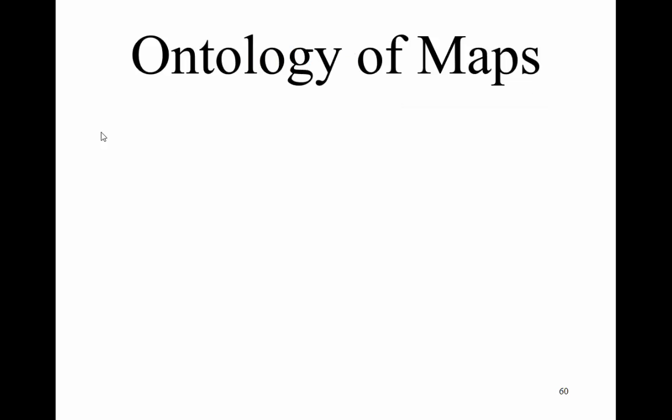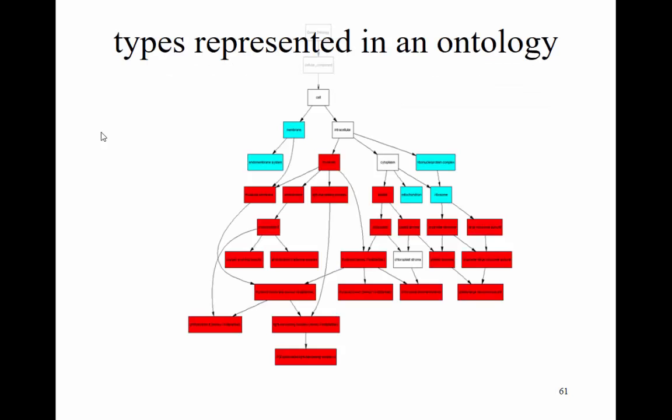All right, so we're now on the ontology of maps. So when we are developing an ontology, we are creating a representation of types. We've gone through this over and over again. And then when we build a database or write a diary or write a newspaper article, we're talking about the instances of those types.